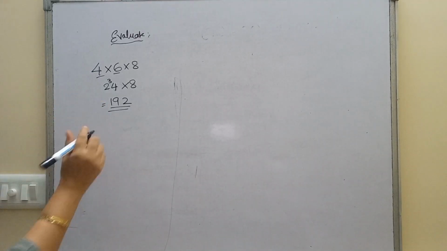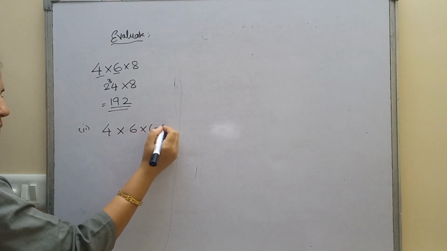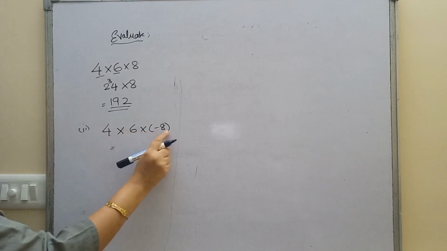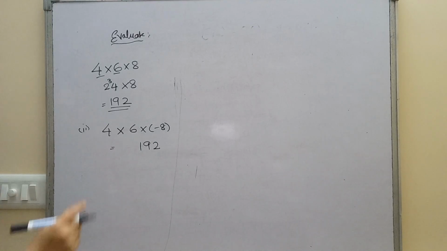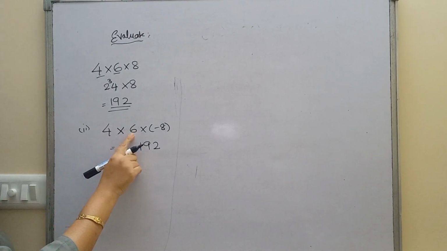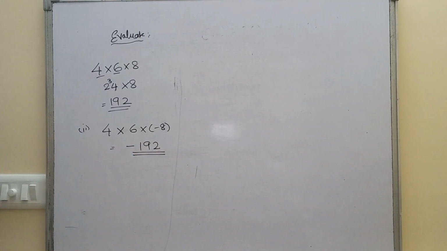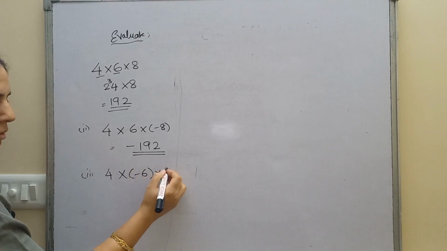What if one of them is negative? This is question number 2. See, 6 fours are 24. 24 eights are, first write 192. Now look here students. Plus plus plus plus minus minus. Answer will come up in minus. Third question is, what if this number is in negative?